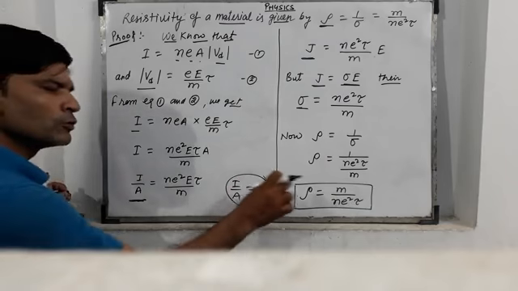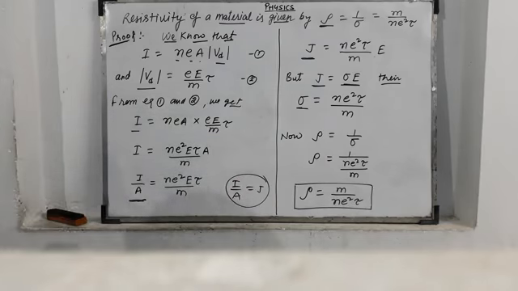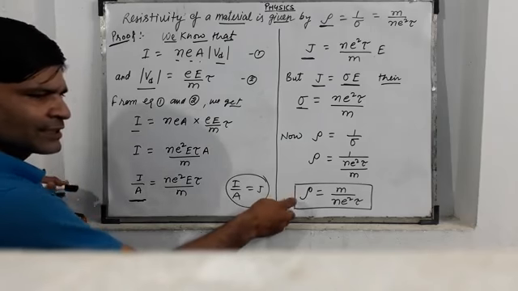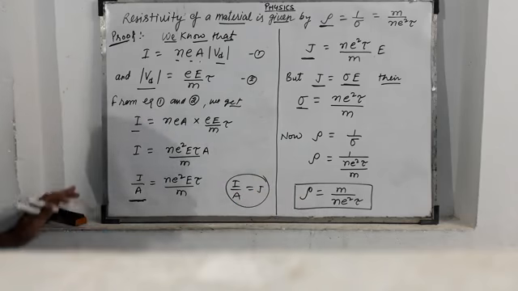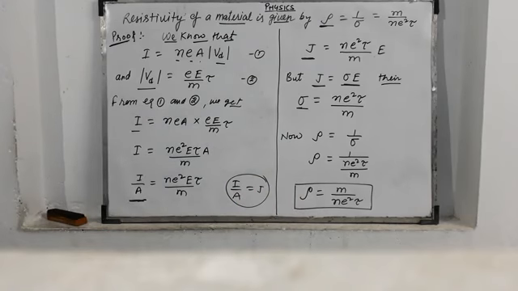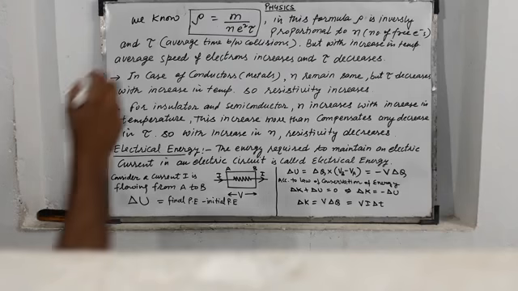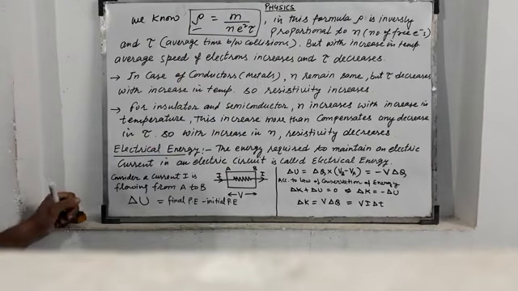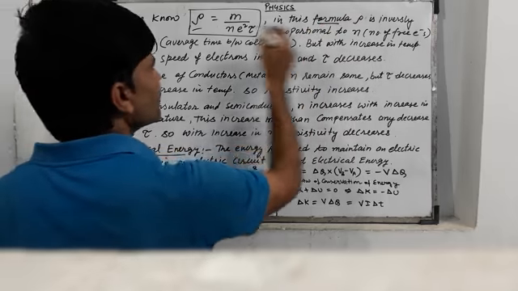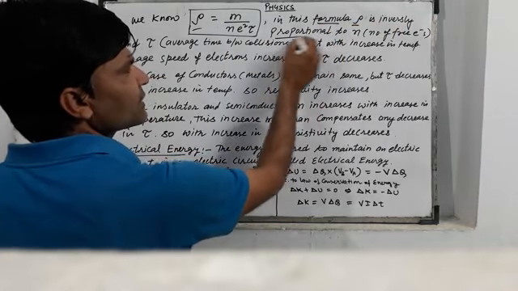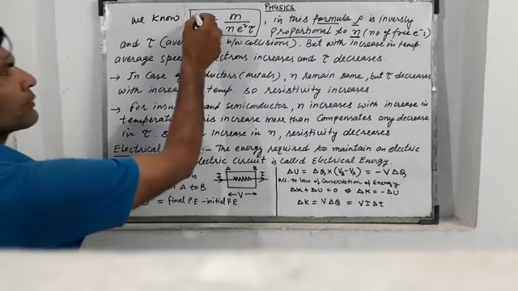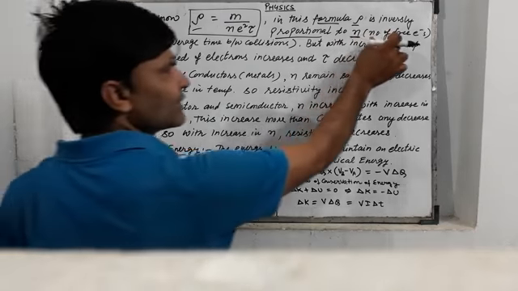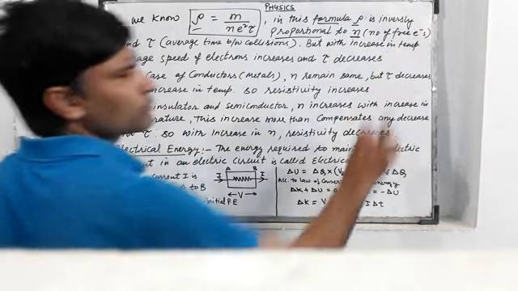Now, with this formula we can explain the resistivity of conductors, insulators and semiconductors. We know rho equals m upon n e square tau. In this formula, rho is inversely proportional to n, the number of free electrons.